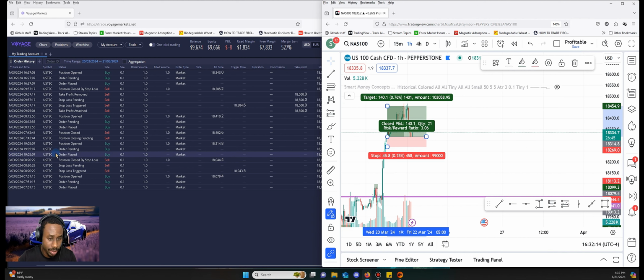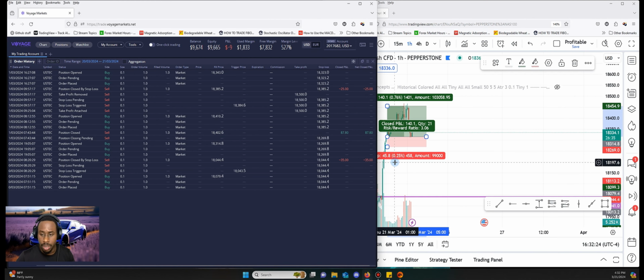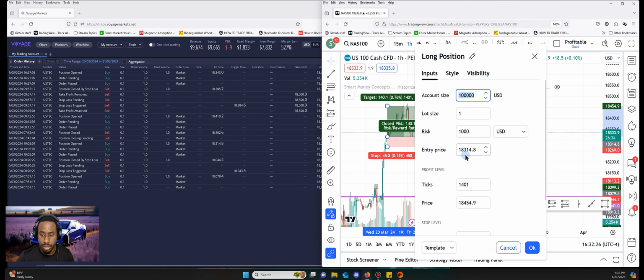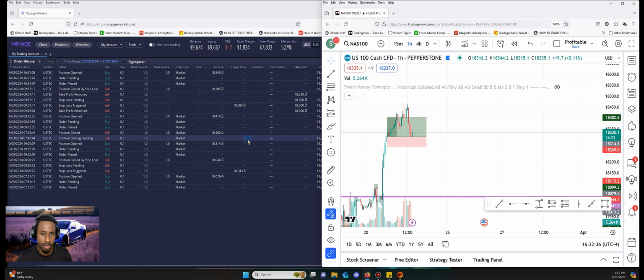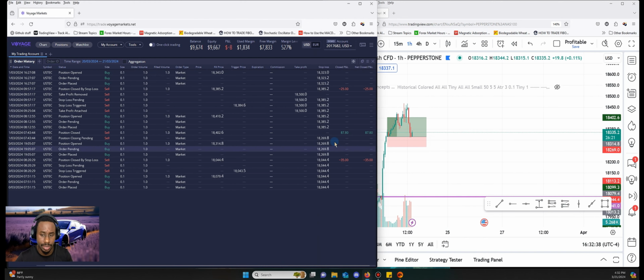And what happened with that trade? Did my stop loss get triggered? No, I actually just closed this one out manually at 18,402. Let me actually put that on the trade as the take profit portion of the trade. So 18,402.6 is where I actually closed this trade for a total profit of 87.8.